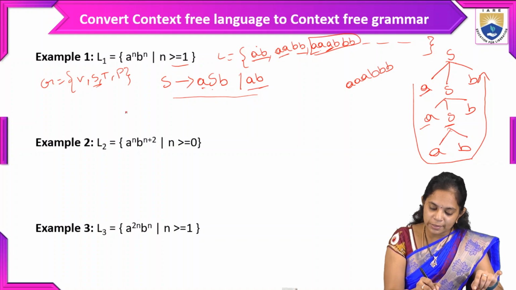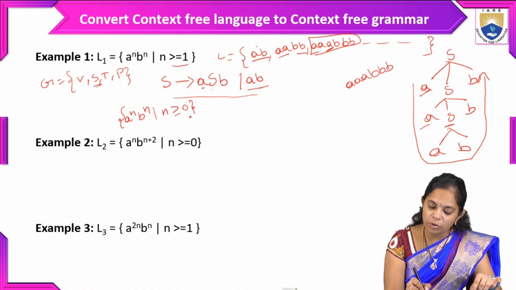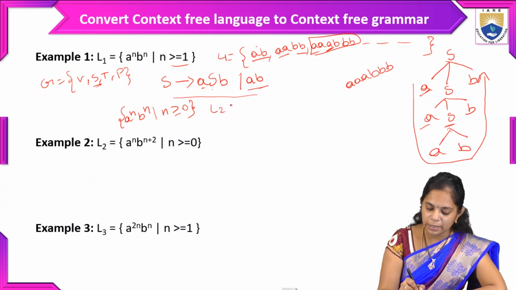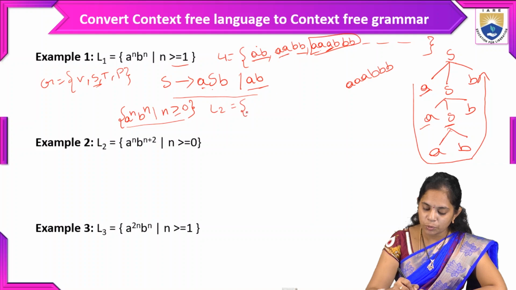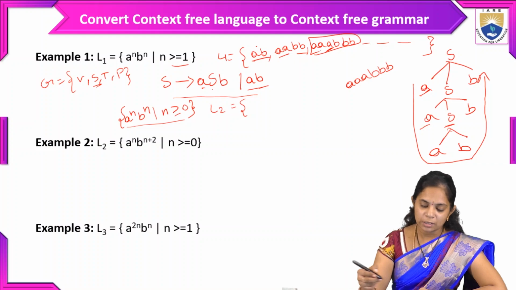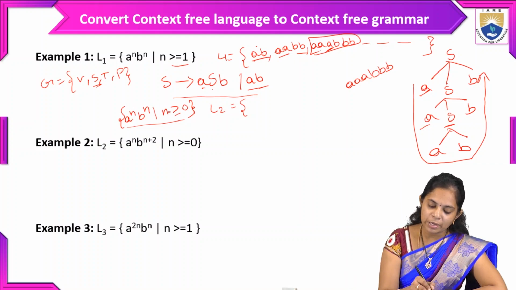Suppose, for the same question, a power n and b power n with n greater than or equal to 0. If n is equal to 0, we get a power 0 and b power 0, which is epsilon.